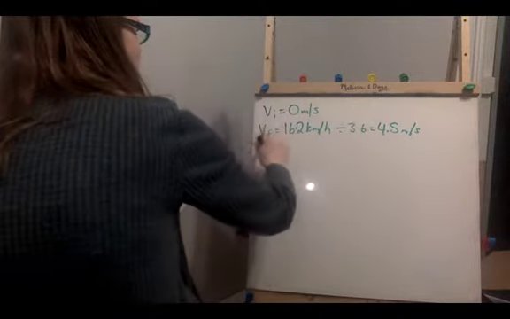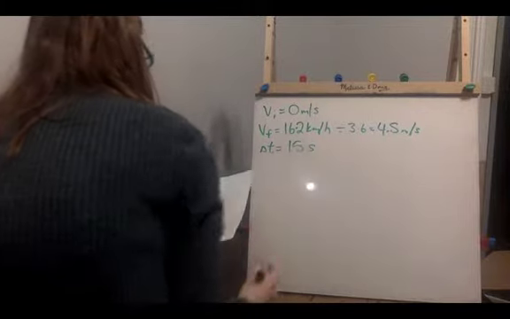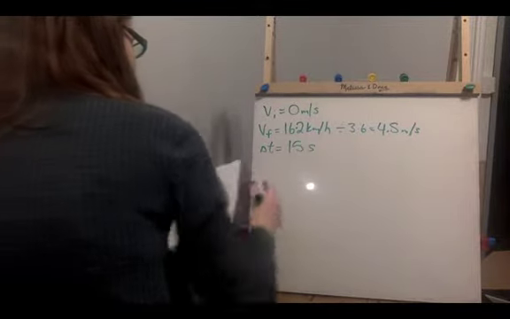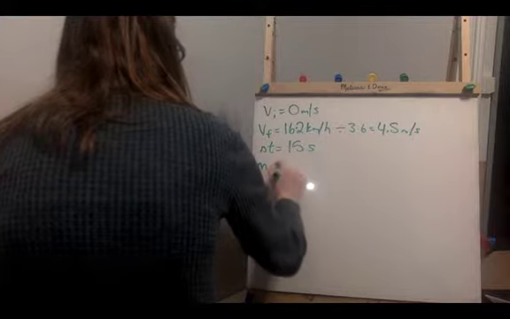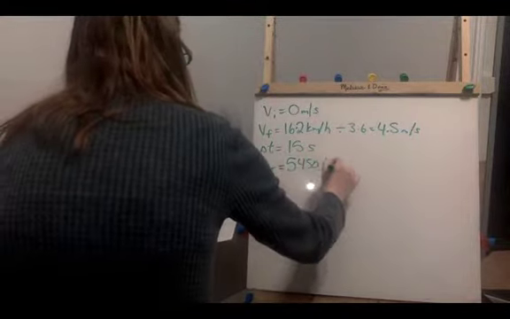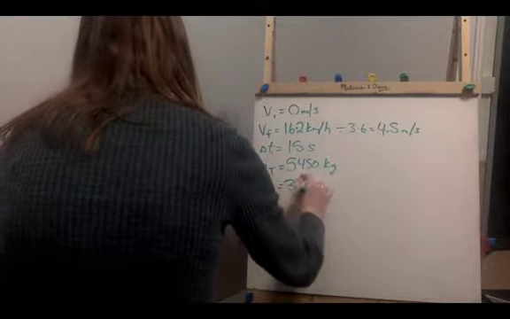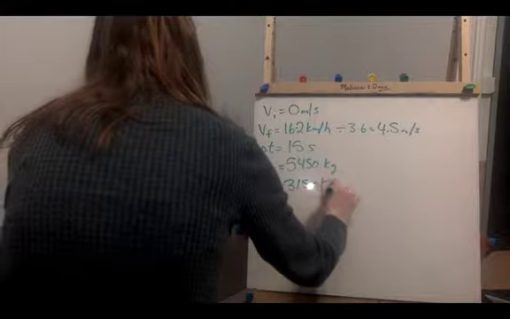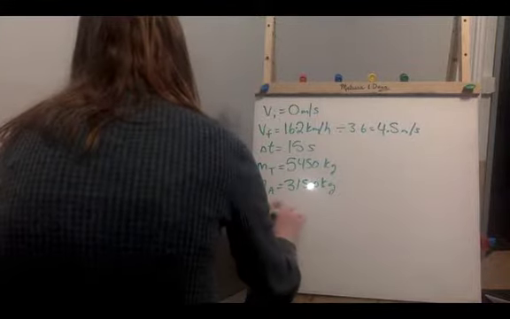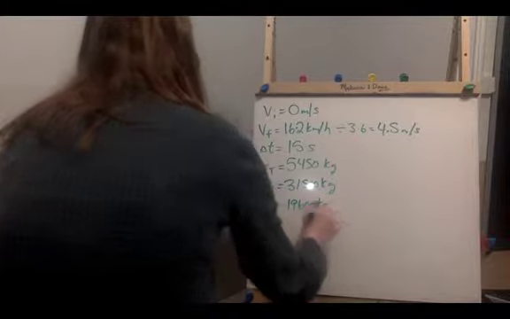We know that that change in velocity happened over a period of 15 seconds. And we have 3 different masses. We have the mass of the actual truck itself at 5,450 kilograms. We have the mass of the first trailer at 31,500 kilograms. And we have the mass of the second trailer at 19,600 kilograms.